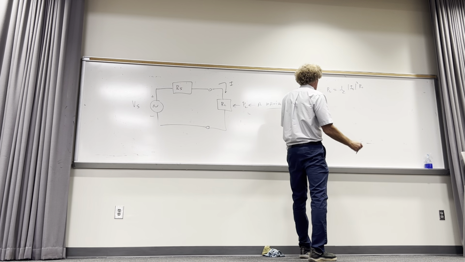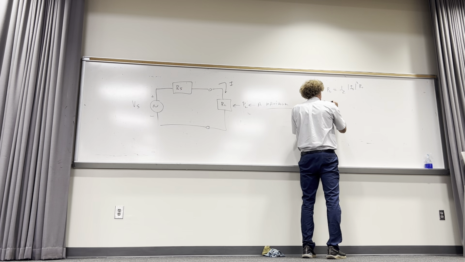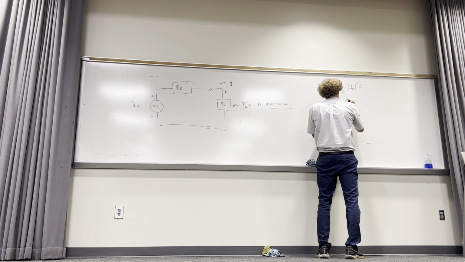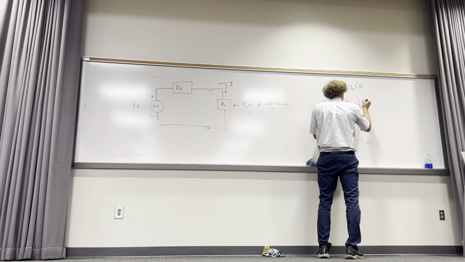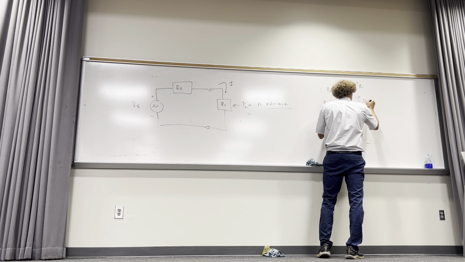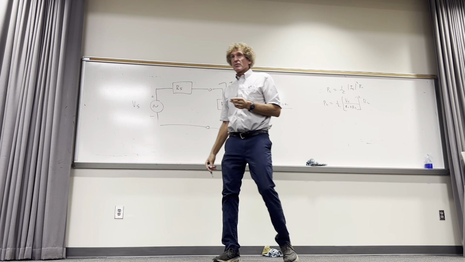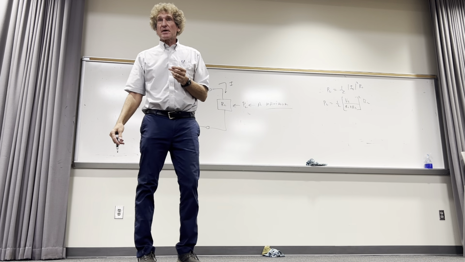So this power at the load right here would be equal to 1/2, and then I have source voltage over RL plus RS squared times RL, and that would be the power at the load. Does everybody follow the reason? There's nothing tricky here.